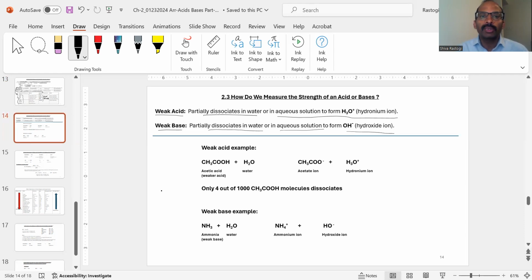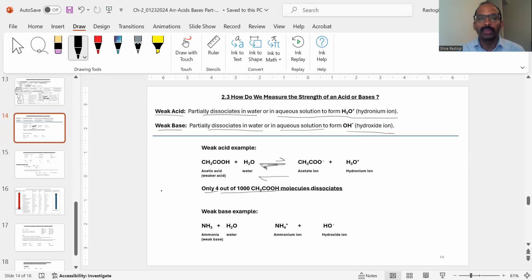For a weak acid example, when we dissolve acetic acid in water, it is a very weak acid. In the equilibrium, the forward direction is very small. Mostly it remains in the acetic acid form, so we can write this kind of arrow. Mostly the equilibrium remains on the acetic acid side because only 4 out of 1000 acetic acid molecules dissociate in water.